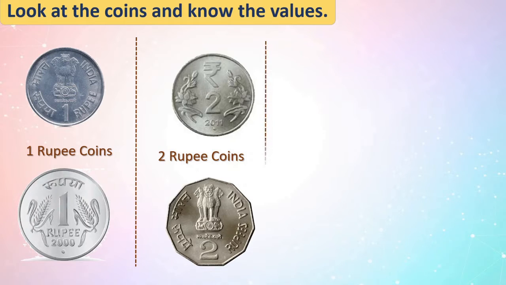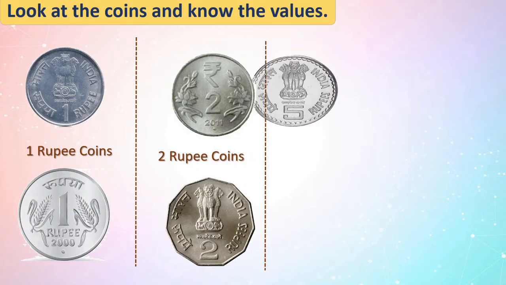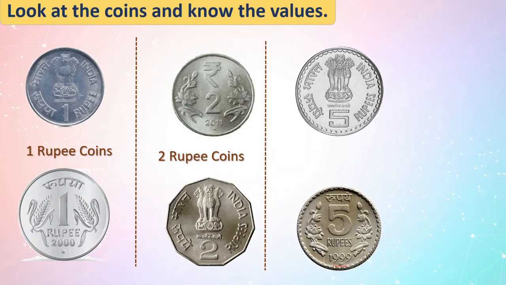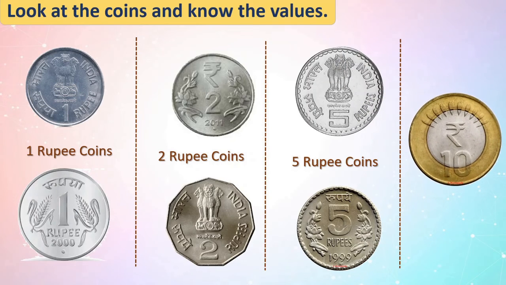Okay. Next, here you can see 5 rupee coins. Here also we can see two types. The upper one is the new coin and the one below is the old coin, right? Now here it is 10 rupee coin.